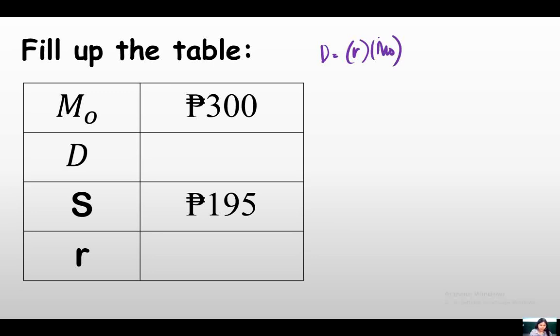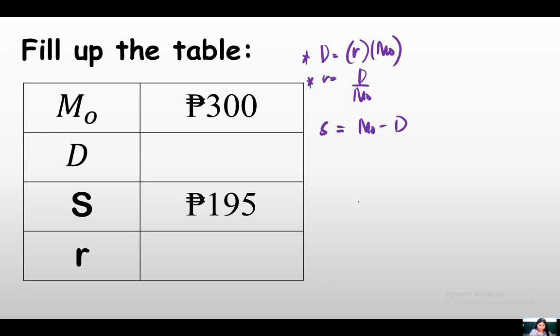Next, we are asked to get the rate, where rate is discount over cost price. We don't have a value for the discount again. So let's go back there, class. The selling price is equal to M sub O minus D. By just looking at the formula, we already have the value for the selling price and the cost price.